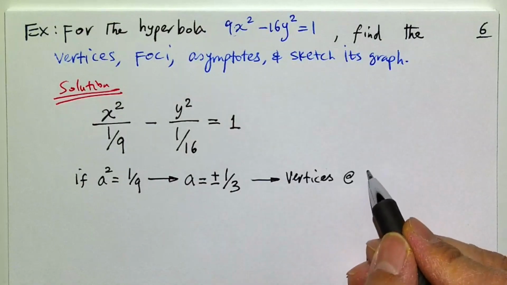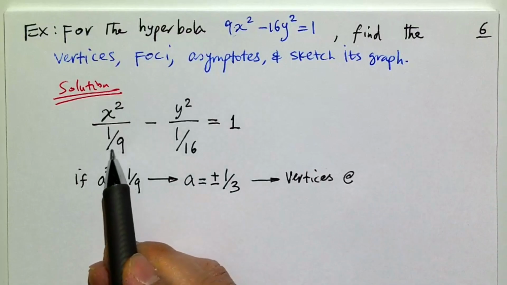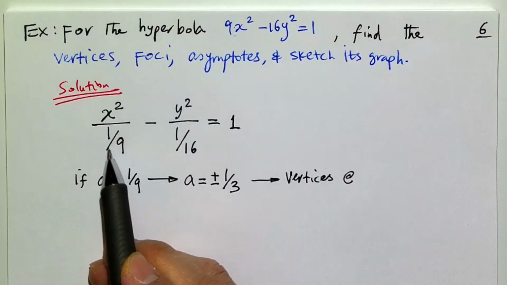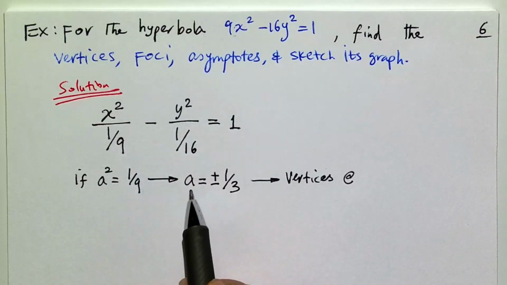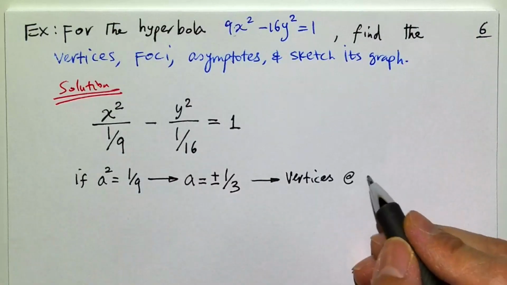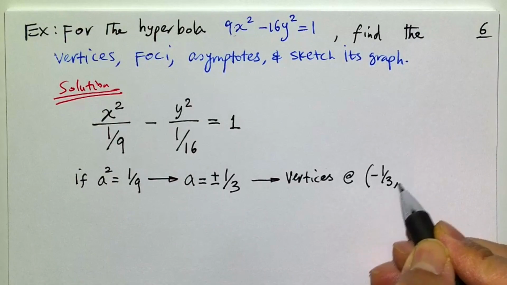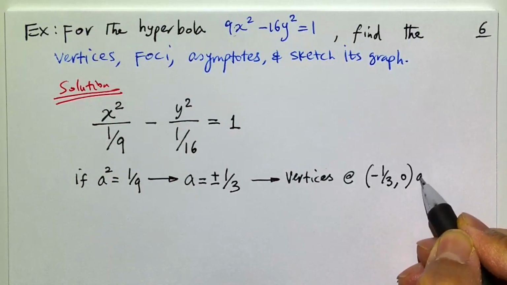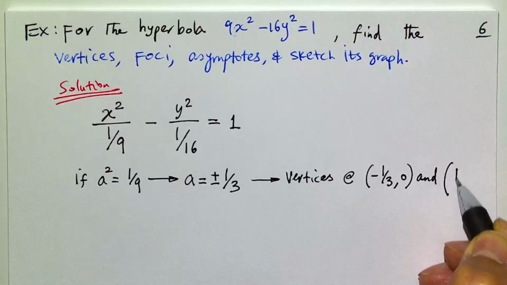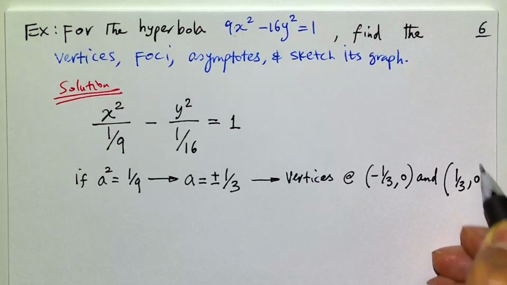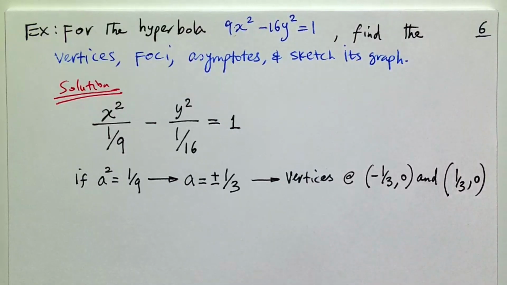So that means the a would be along the x-axis. So we'll just say minus 1/3 comma 0 and positive 1/3 comma 0. And that's going to be along the horizontal or x-axis.